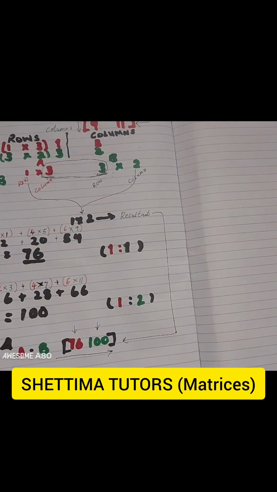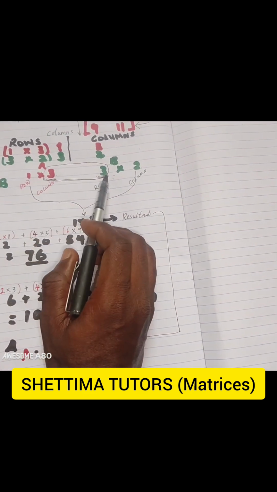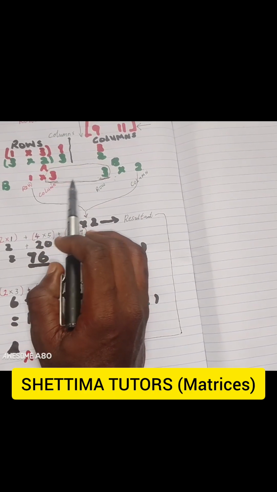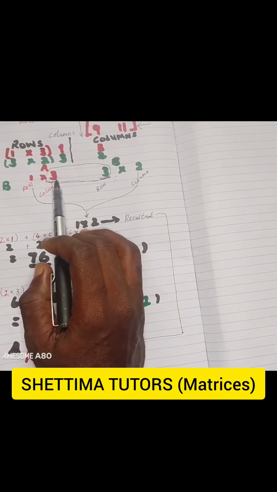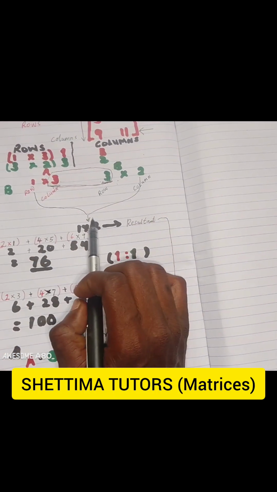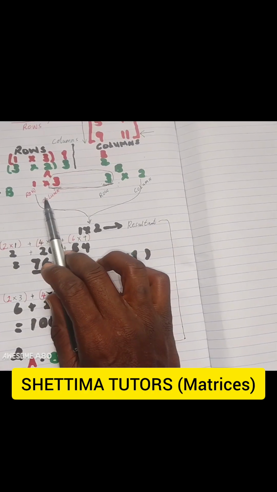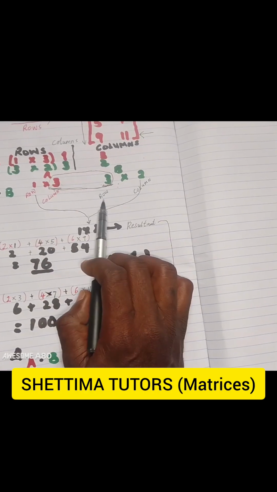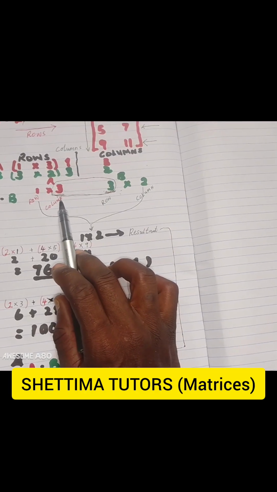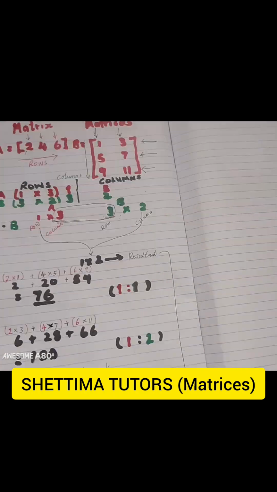The column and the row suggest what to do, but the 1 and 2 give us the resultant matrix, which is expected to be a 1 by 2 matrix. This and this tell us that you're going to multiply the columns by the rows, so they must be equal.